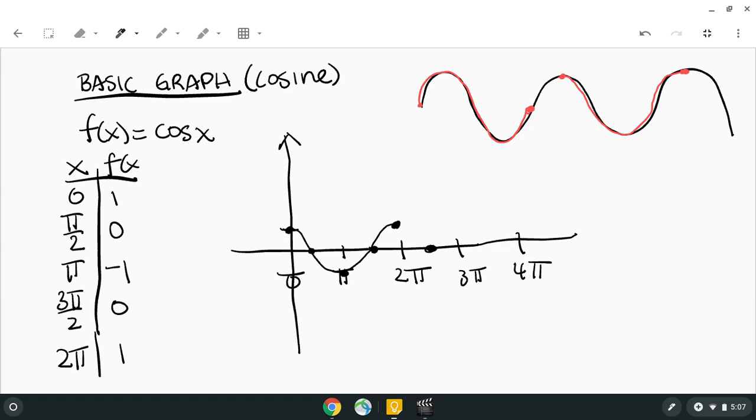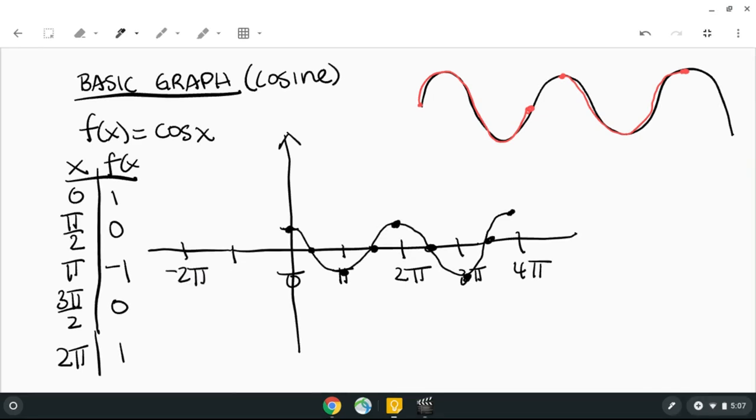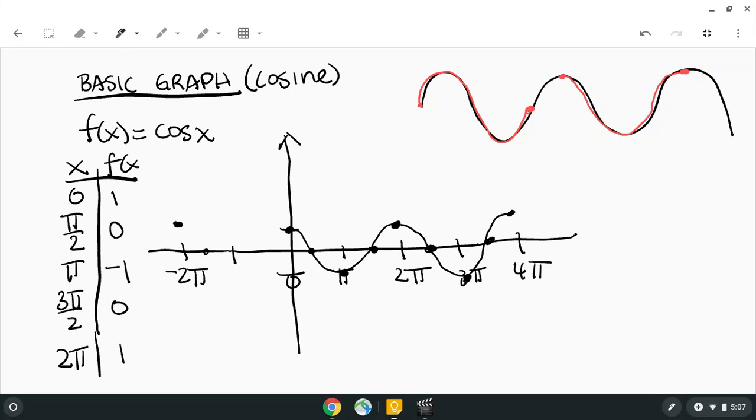So if I were to graph this for another period, that would be 4 pi. So it would be 1 point here, and then 0, and then -1, and then 0, and then 1. And so you would see that you would have that. So you see the wave happening.